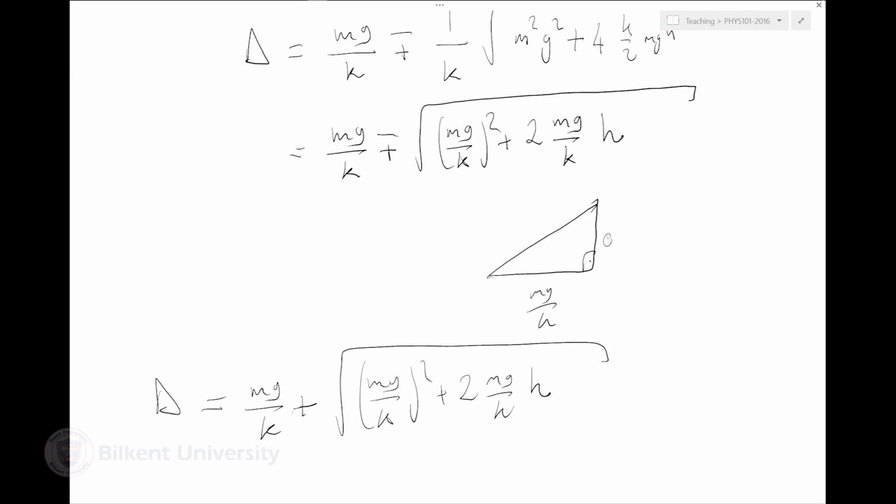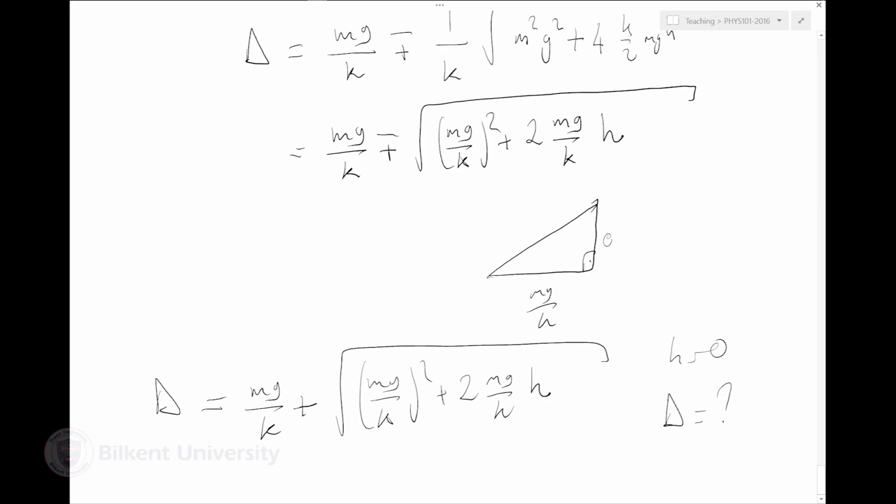The problem is, let's look at the limits. What would you expect this delta to be if h is 0, if I'm dropping this object from 0 height? What should be the maximum compression? Let's think about it. If I'm dropping it from 0, what will happen?